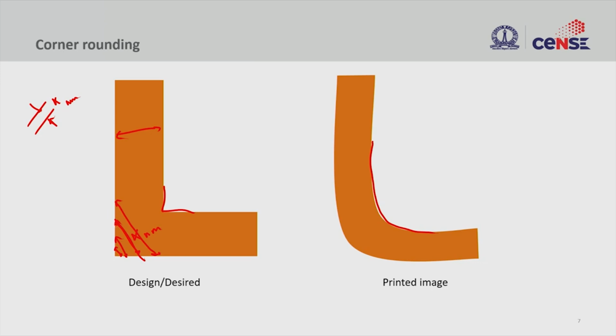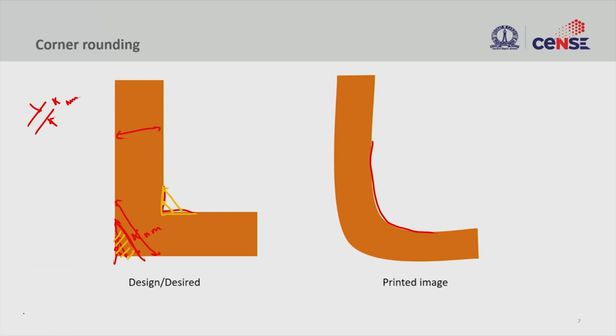Below this I will not be able to reproduce that image at all. Whatever features I have below this, I will not be able to reproduce. The same thing applies to this edge as well. The distance between this, in this case it is the line, and in this case it is trench. Again the same thing applies, and you will not be able to reproduce those corners.